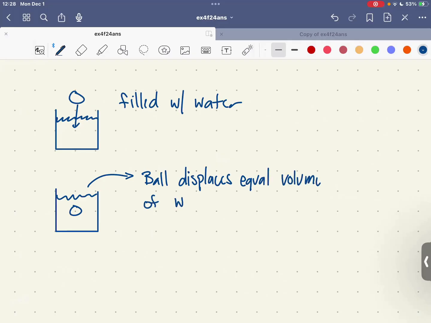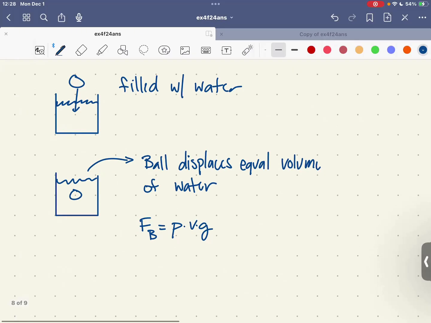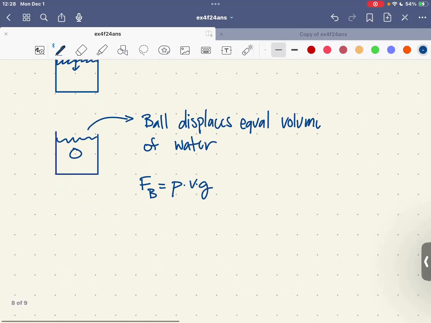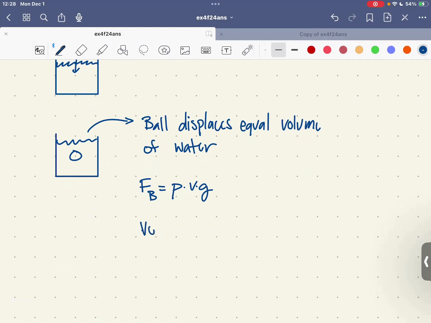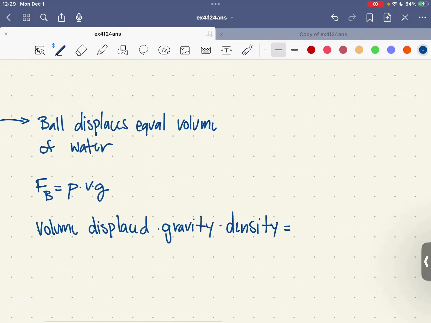Okay. And what this equation is telling us, this force buoyant equal to density times volume times gravity, this formula tells us that the volume displaced times the gravity times the density is equal to the buoyant force.